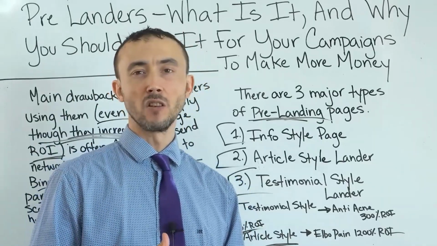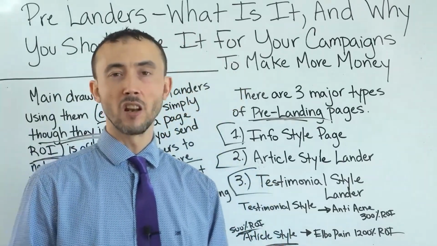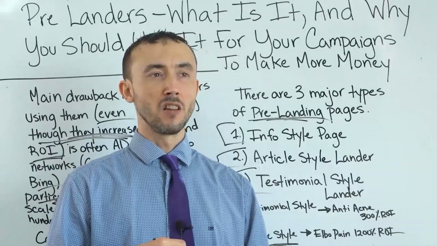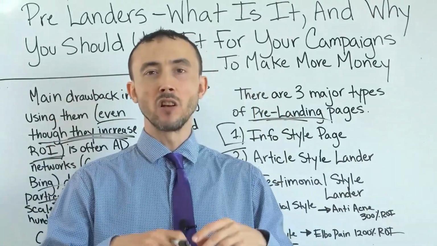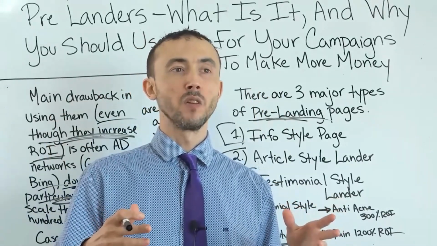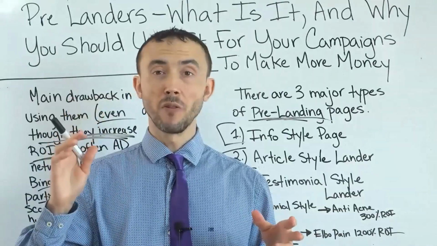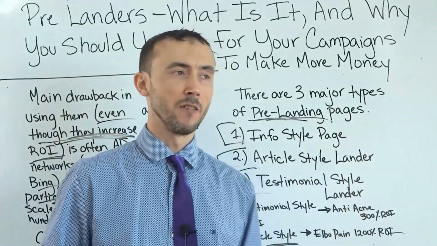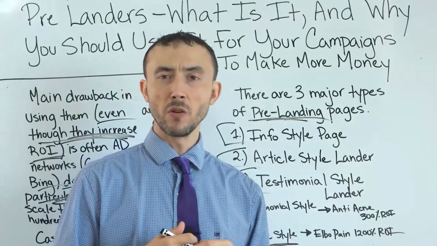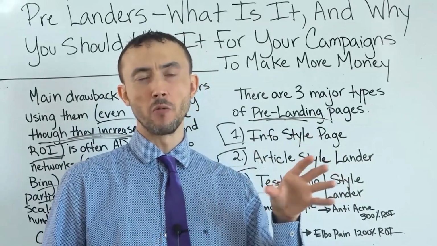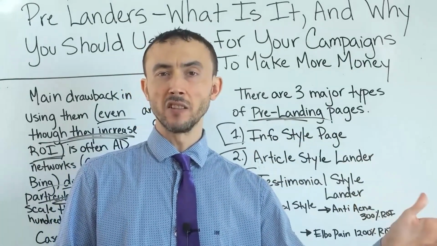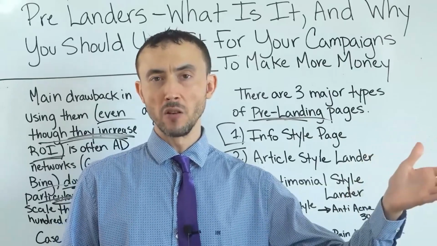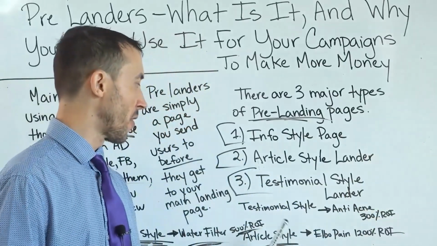Why this obviously works is it looks like an endorsement, and so the person doesn't think they're being sold anything. They just got a recommendation from somebody who doesn't have any incentive to lie. And you see affiliates in the affiliate marketing world using these as the main staple of what they use to make money, other than the article style landers.